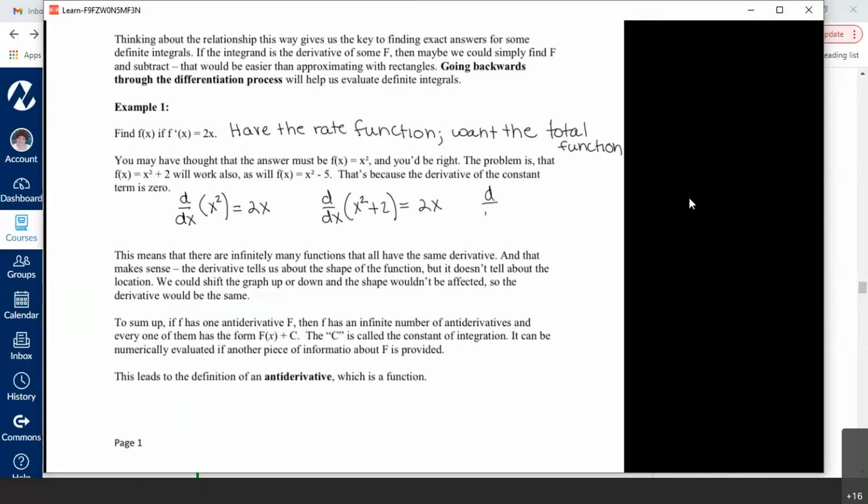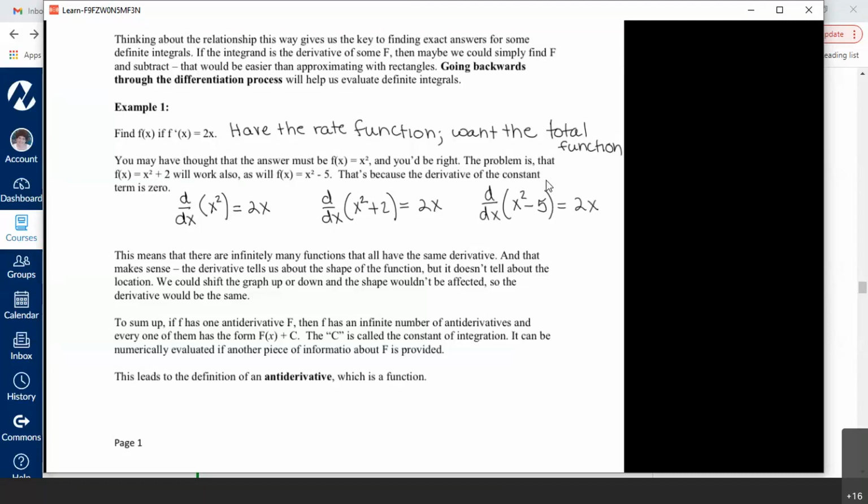Likewise, the derivative of x squared minus 5 is 2x. So when we go forward with differentiation, we lose a piece of information, namely whatever this constant was telling us in the original total function.